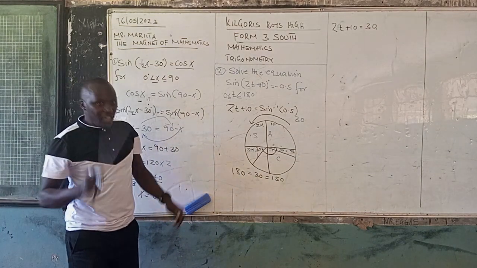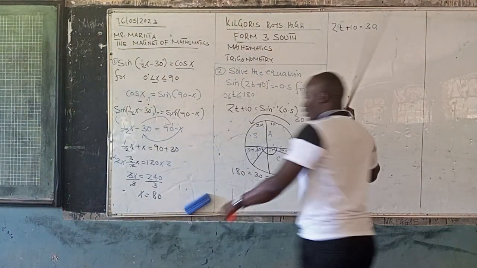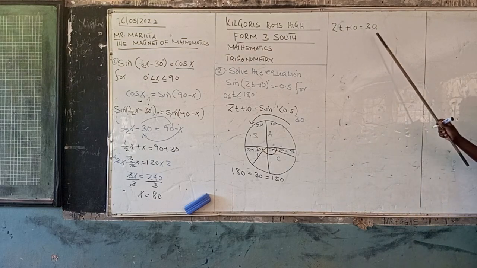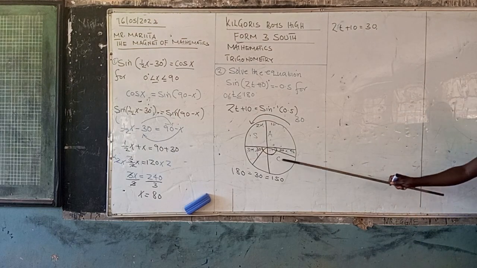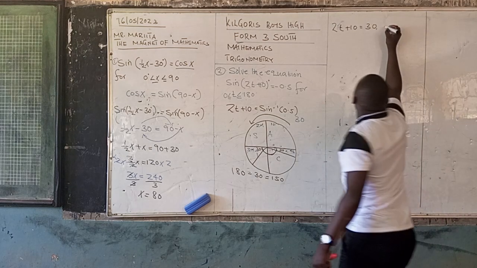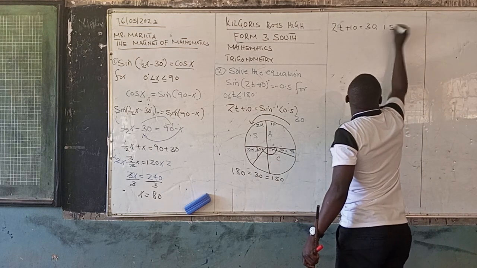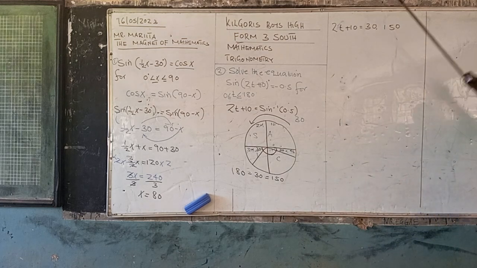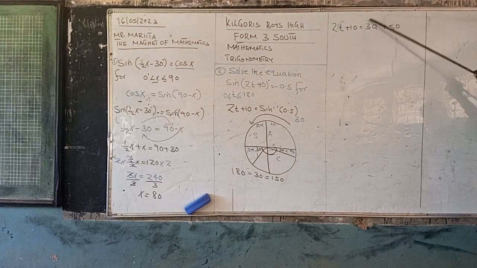So from the third quadrant, we are getting 30 degrees. From the fourth quadrant, we are getting 150 degrees. And remember, this is from the third quadrant, which is 30 degrees, and then we have 150 degrees at the fourth quadrant.